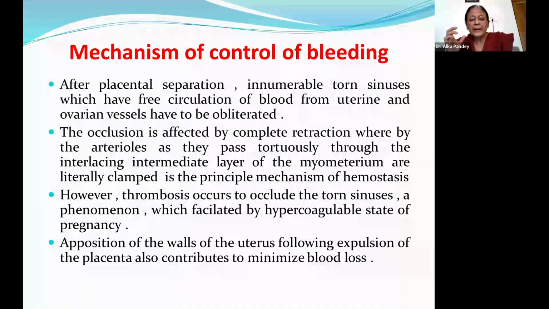This is the principal mechanism of hemostasis. However, thrombosis occurs to occlude the torn sinuses, a phenomenon facilitated by the hypercoagulable state of pregnancy. Apposition of the walls of the uterus following expulsion of the placenta also contributes to minimize blood loss. Next slide, please.